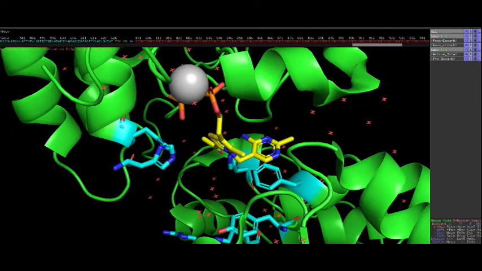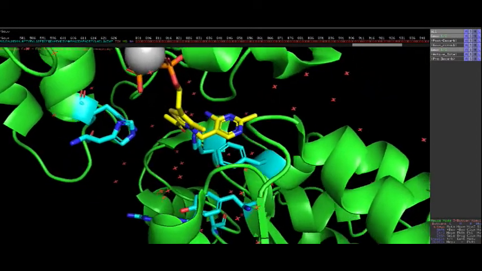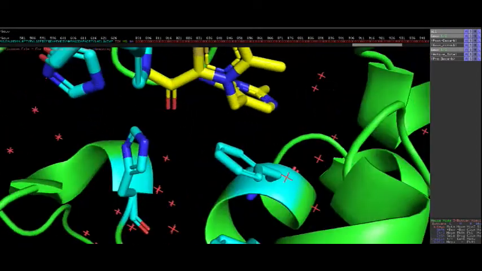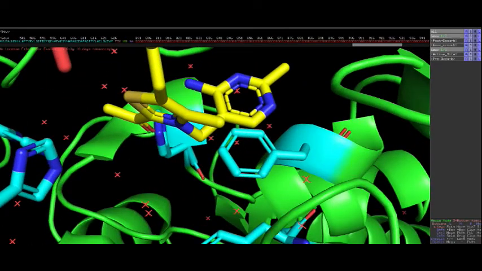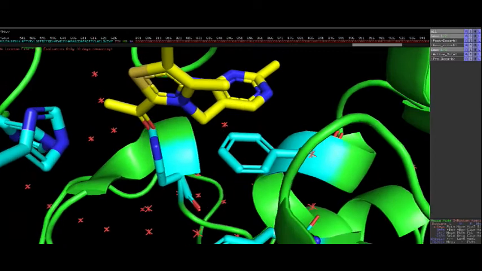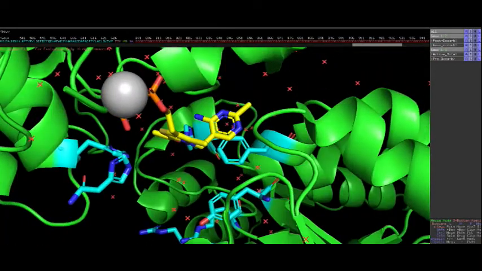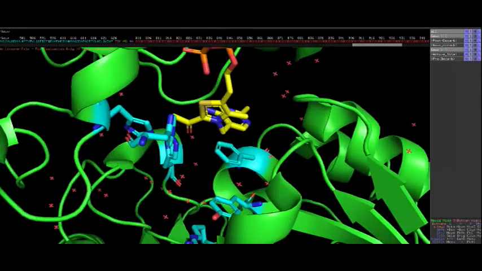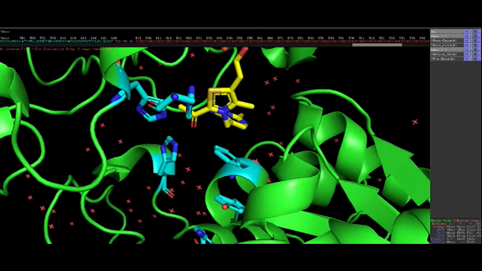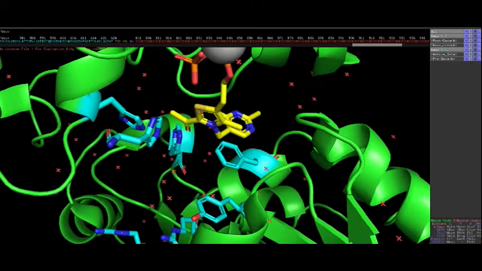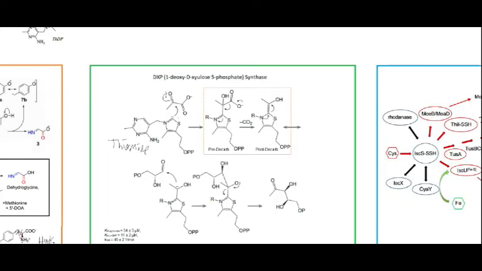It looks like with this phenylalanine here, we might have some pi stacking going on with the pyrimidine ring on the thiamine right there, and maybe even some more pi stacking along with this tyrosine right there. So that is this step here, the pre-decarboxylation, the post-decarboxylation.